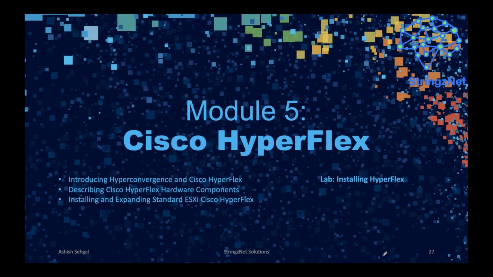Hyperflex, hyperconverged infrastructure, is nothing but a cohesive solution between LAN, UCS, and SAN. Three solutions merged together become one single solution called Hyperflex, which is the name given by Cisco. The technology name is hyper-converged infrastructure. So we have hands-on labs for this purpose.